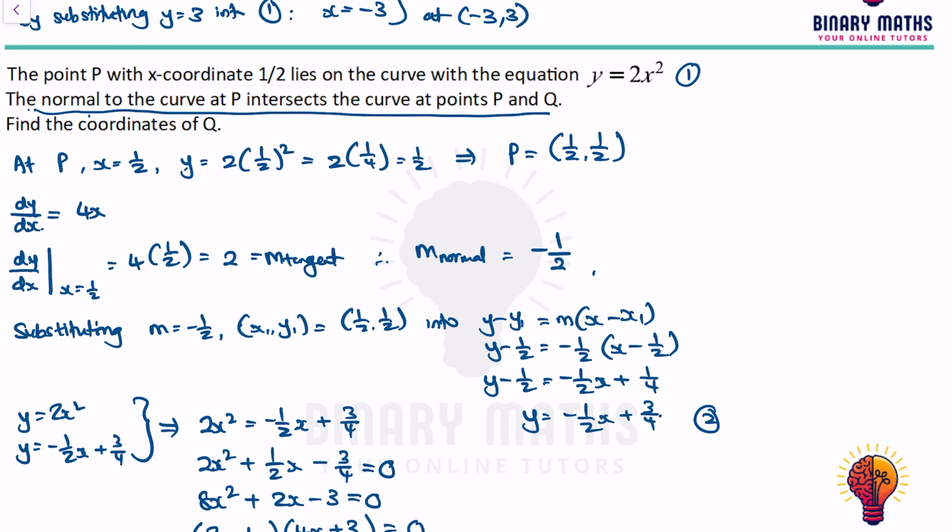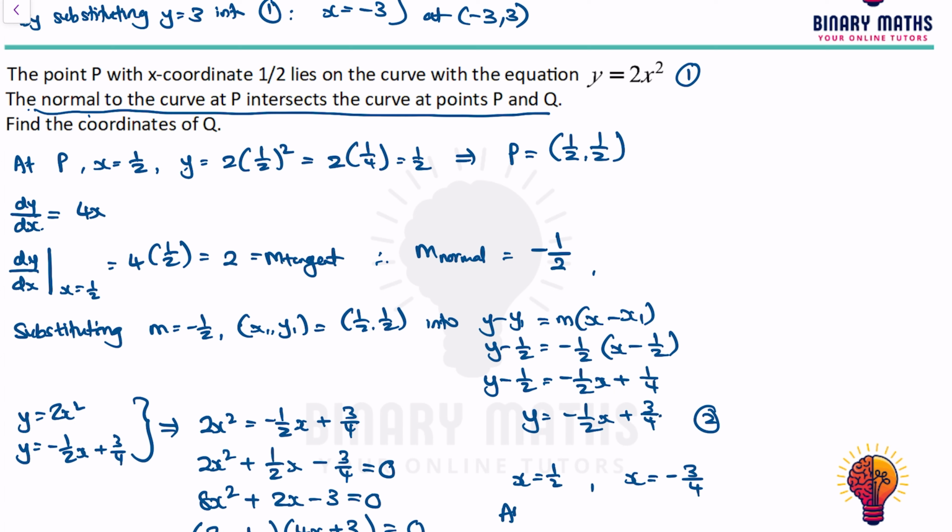One of the solutions will be x is equal to a half, and the other solution will be x is equal to minus 3/4. But x is equal to a half at the point P. So we already know the point P, remember from here. So that means to find Q, x must be equal to minus 3/4.